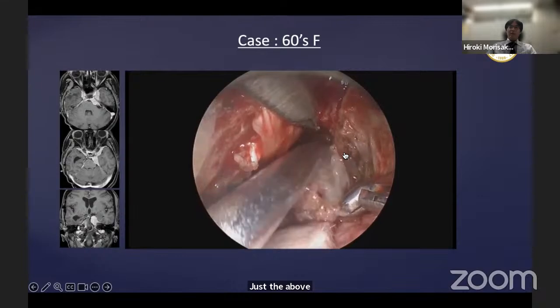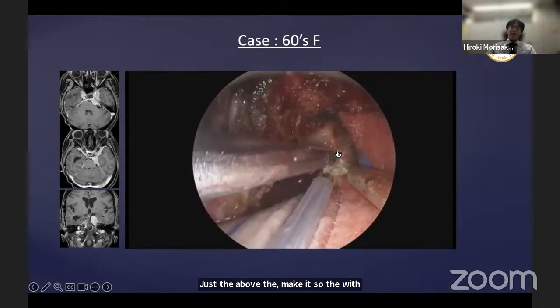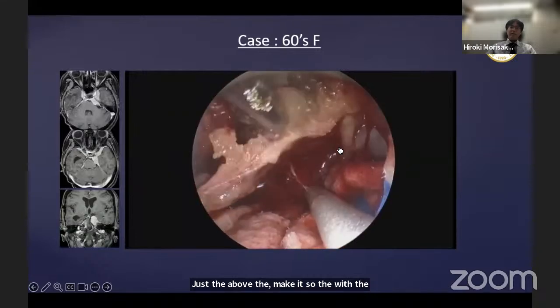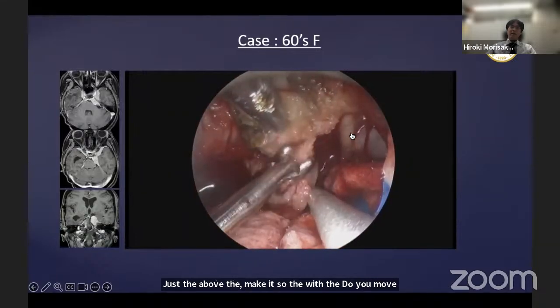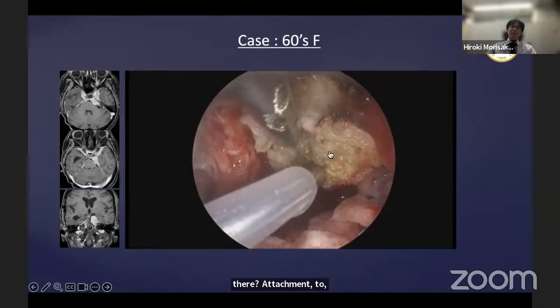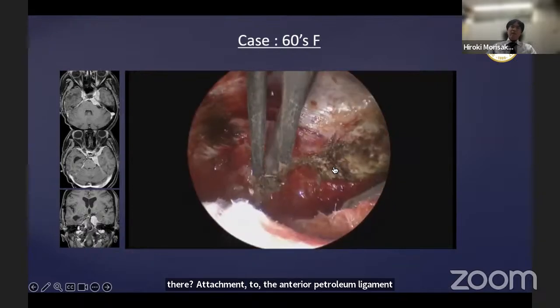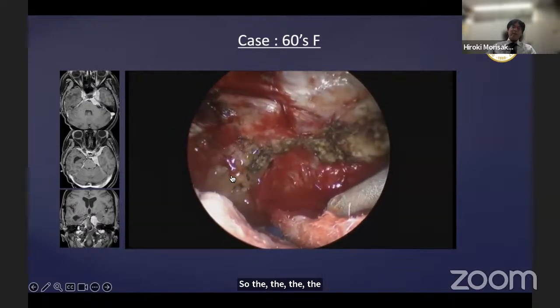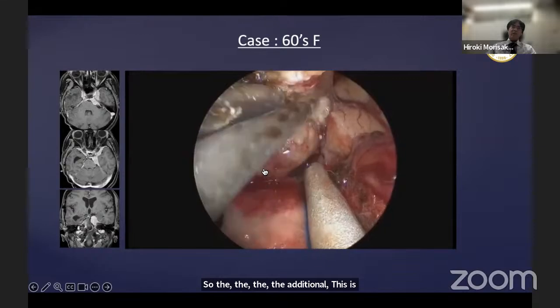So we remove the attached tumor along the anterior petrocrural ligament, and this is the oculomotor nerve. So we remove the additional attached tumor, and this is some part of the tumor along the sphenoid ridge.